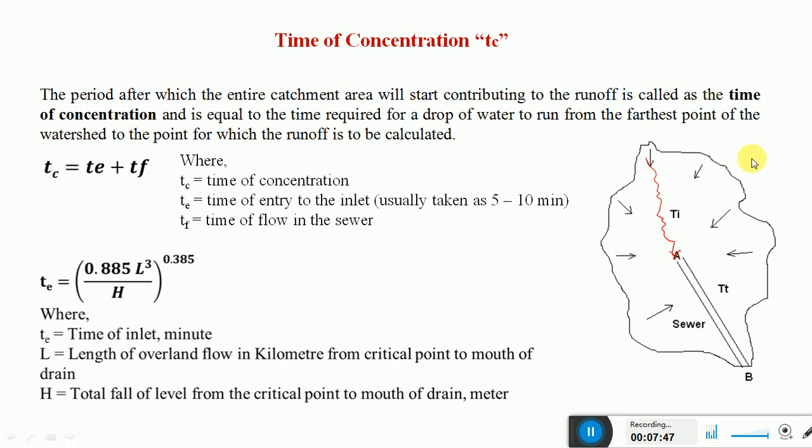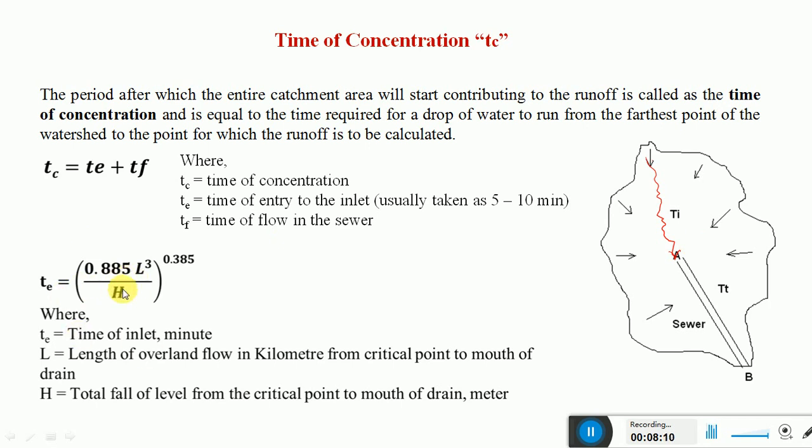That is, if the rainfall drop falls here, the time taken by the particle to travel from this end to the mouth of this drain is called the time of entry, or time of inlet, which we substitute in this formula.